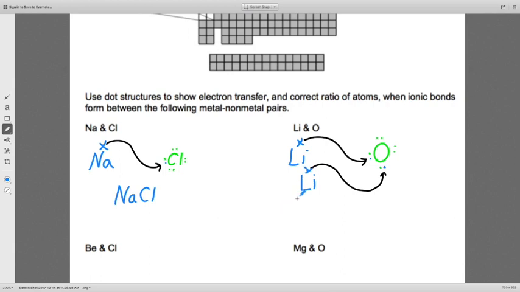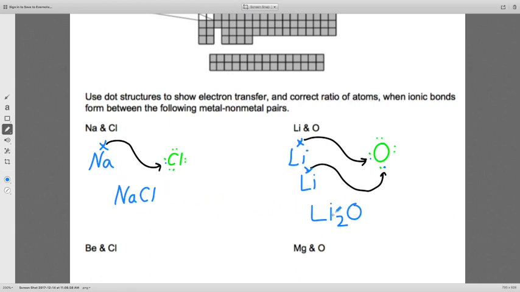So what happens in the bonding between lithium and oxygen is you actually need two lithium atoms to react with an oxygen atom. So the formula is Li2O. The 1 on the O is implied. We don't write it in the formula, but we need to have these two atoms involved because they each can only provide one valence electron and the oxygen atom needs to pick up two.